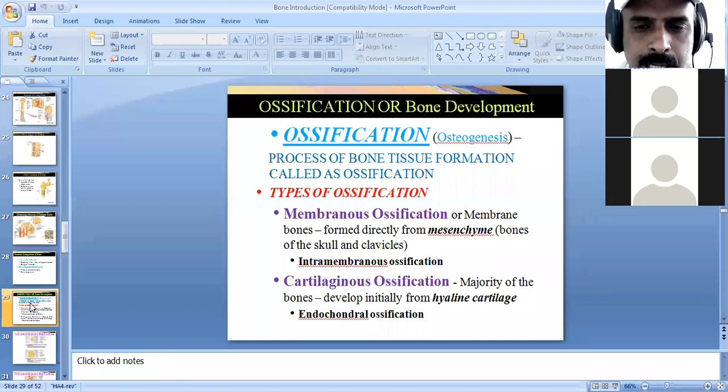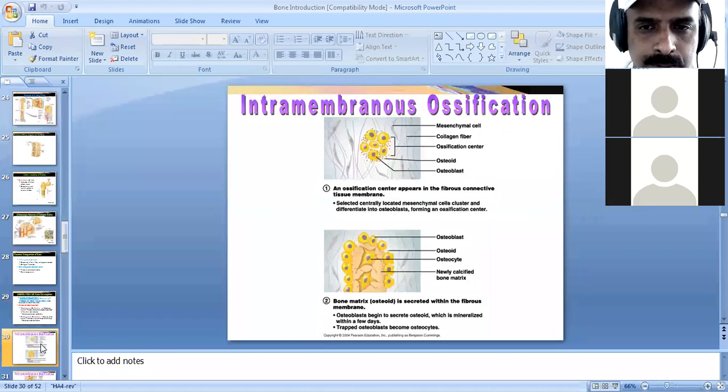So the clavicle and skull bones develop from membranous ossification. The first one is membranous ossification and the second is cartilaginous ossification; that is all you have to know. In cartilaginous, the majority of bones develop initially from hyaline cartilage. We call this endochondral ossification.